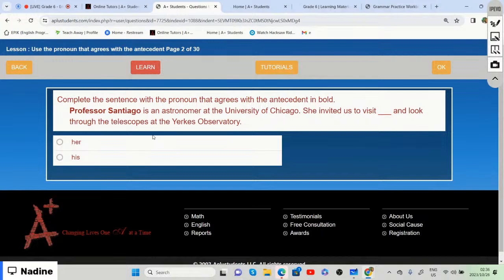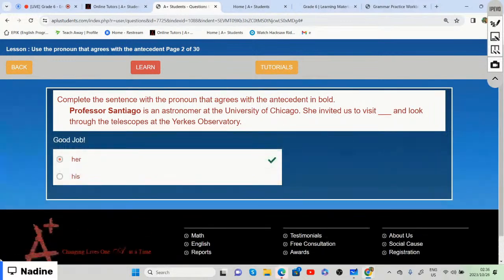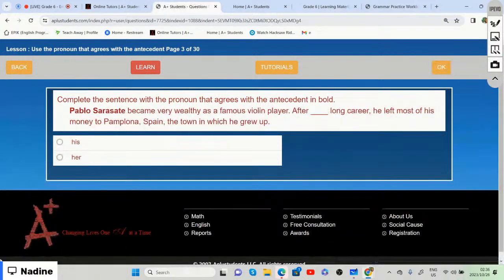Is it her or is it his? So Professor Santiago is an astronomer at the University of Chicago. She invited us to visit her. Yes, so her is correct. It's a great job. Her is correct.